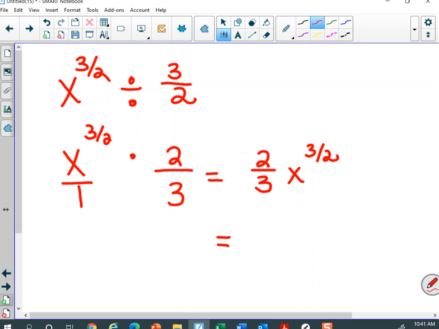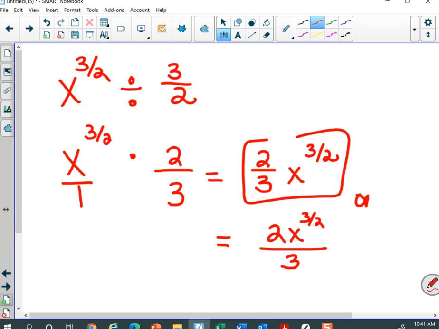Or if you don't like the floaty fraction, he goes up top with the 2. I don't care whether it's this guy or this guy. Floaty fraction or clear numerator, denominator, I don't care about that.